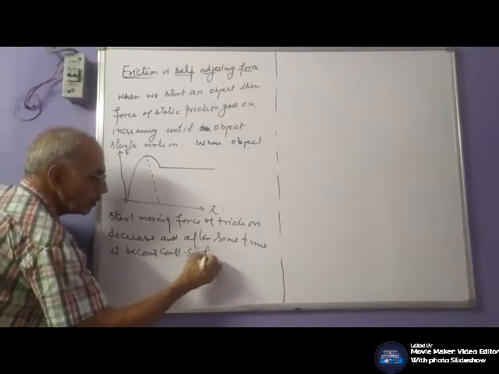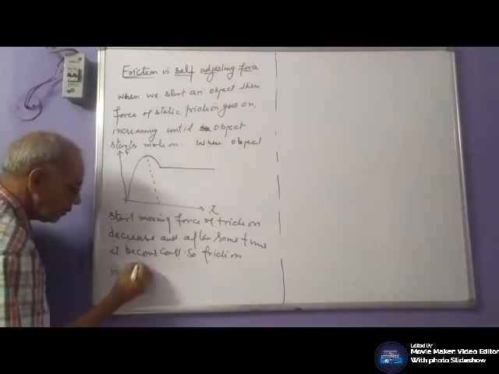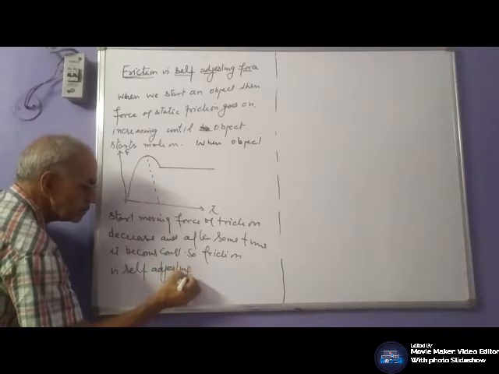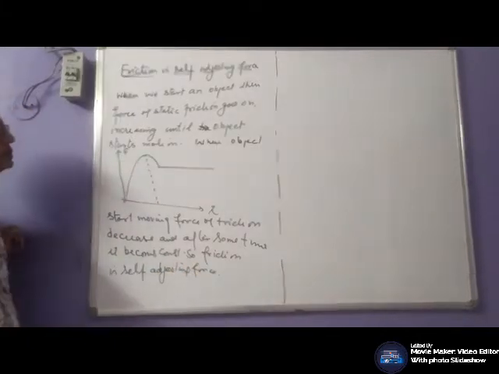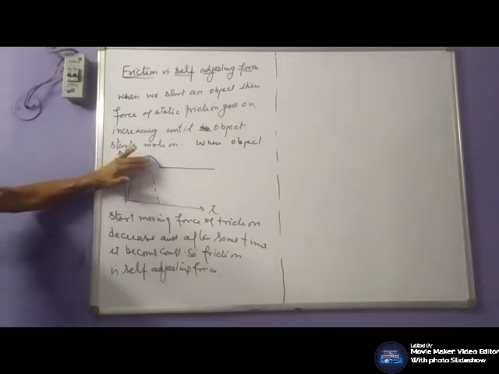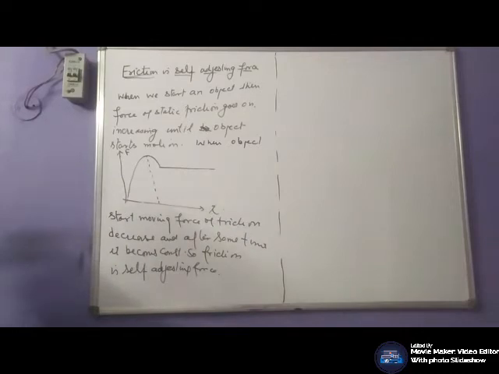So friction is a self-adjusting force. Imagine we are pushing a car. We have to apply more force till the car starts moving. After some time, when the car is in motion, that force decreases. When the car is still in motion, this force becomes constant. So it is a self-adjusting force.